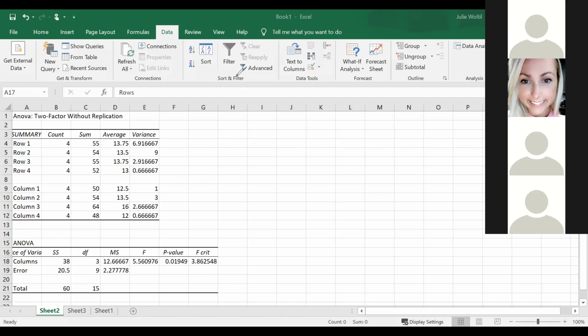Exactly. Okay. So if I go back over here, I have my curve, looks something like that. This is my reject line. My critical value is 3.86. It's right here. Anything over here, and I reject. And now my F obtained is way down here at 5.56.